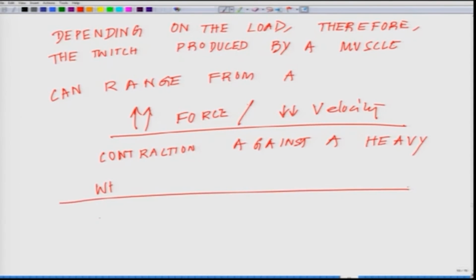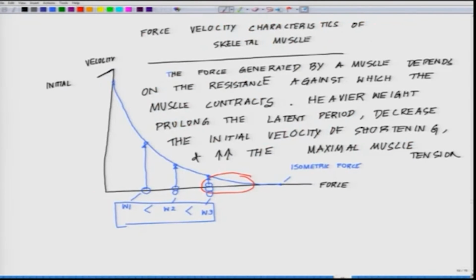Two, if you just see the reverse side, to a situation where you have, now if I pick up this situation, a low force, the force is low, there is a high velocity though, there is a higher velocity against a light weight, okay.